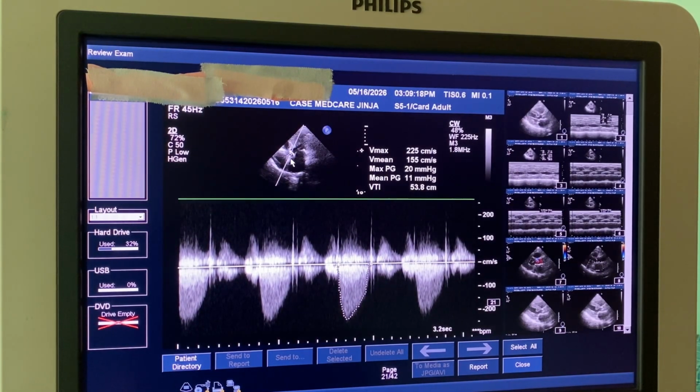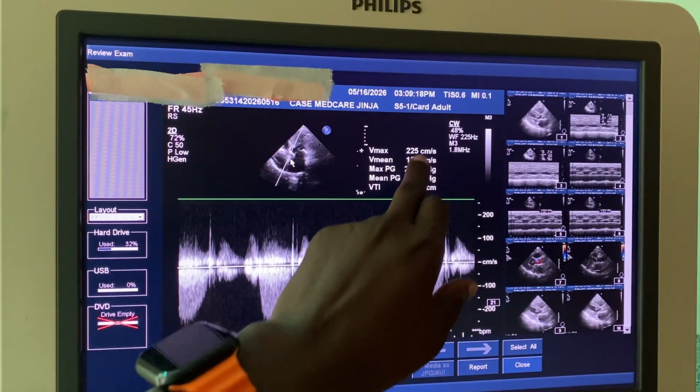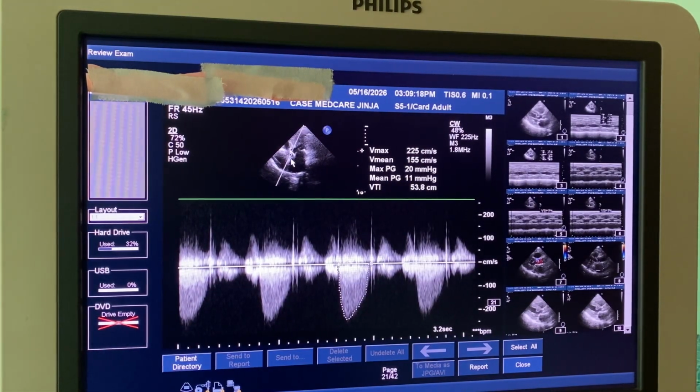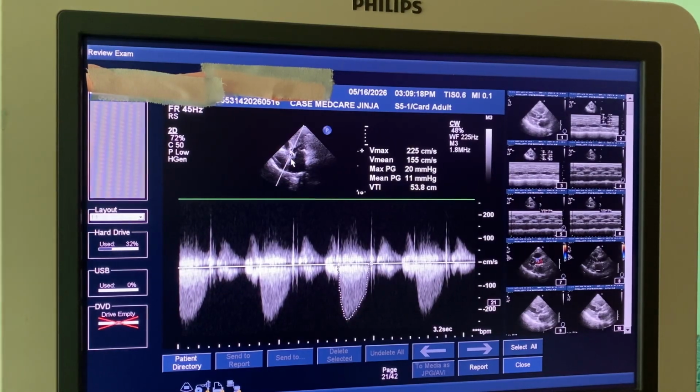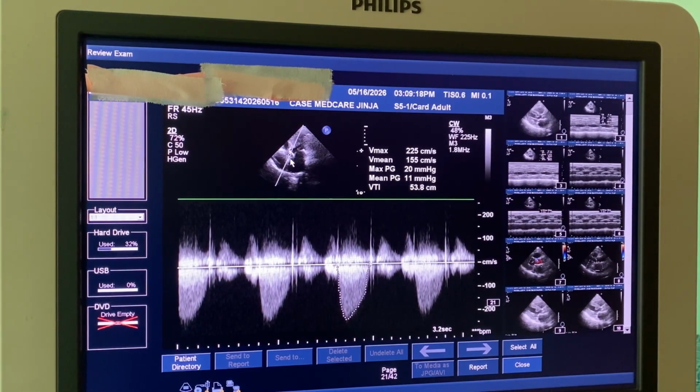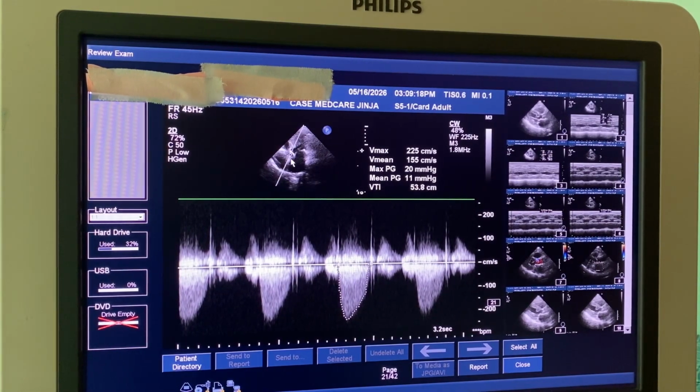If it is 2.6 to 4, it is moderate. 2.6 to 1.5 is mild.